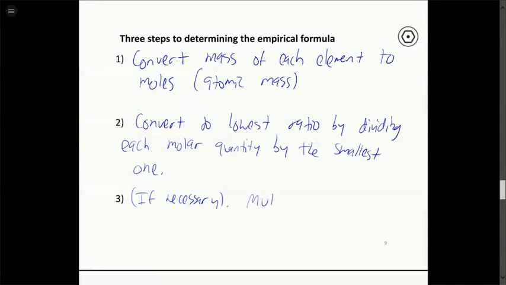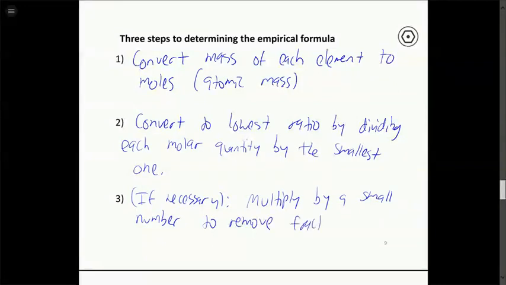And that's to multiply the empirical formula that you find by a small whole number to remove any fractions or decimals that you have in your formula.